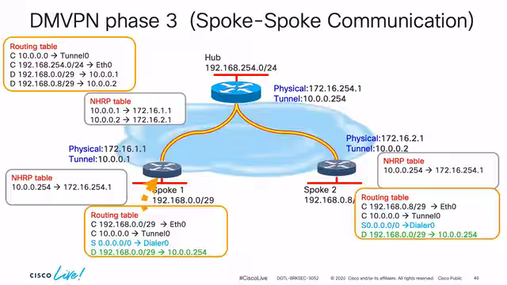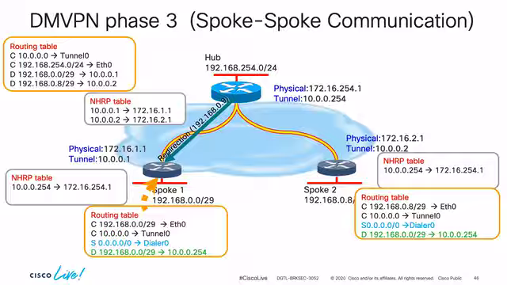Since 10.0.0.254 is a tunnel IP address, it's going to take a look at the NHRP table, wherein we have an entry for the hub, the NHRP mapping for the hub. So spoke 1 is going to send out a registration packet to the hub. And what the hub does is it sends back a redirection packet, because it sees that within its NHRP table and the routing table, it knows how to reach the spoke 2 subnet.